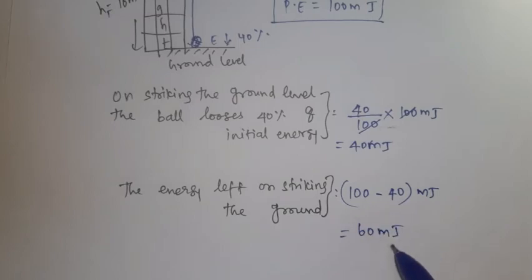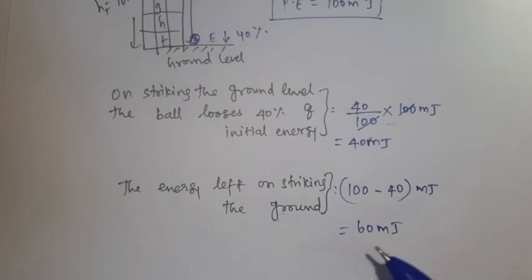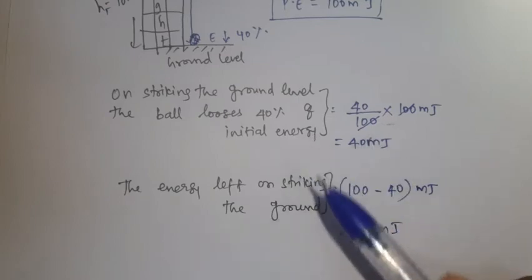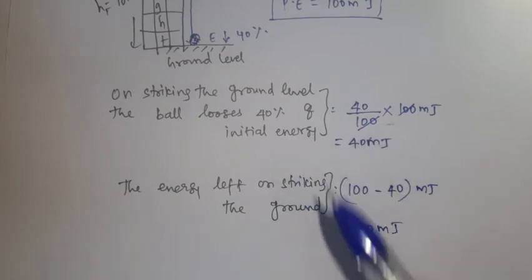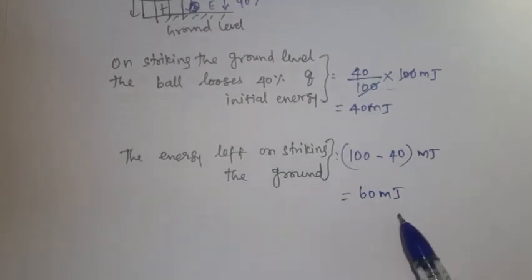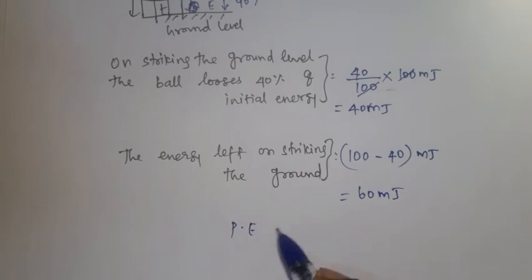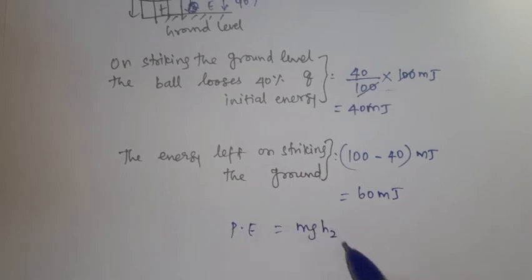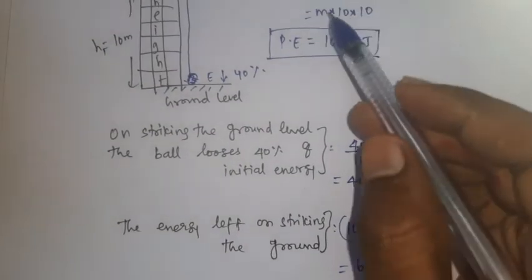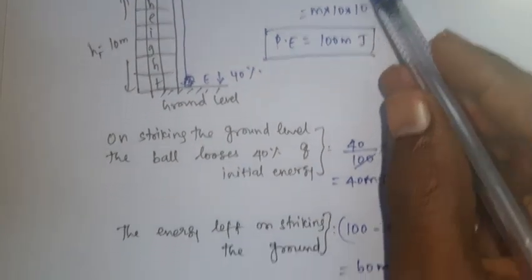With the help of this energy, the object or ball is going to bounce back. So how much height it is going to bounce, we have to find out. Here 60 m joule. We know the formula, P is equal to mg h2. First we chose h1, now we can take h2.